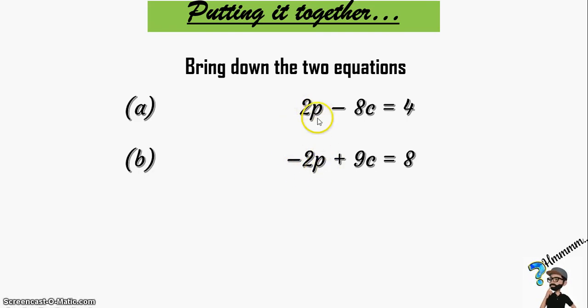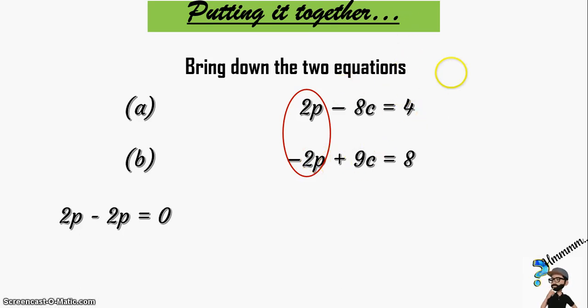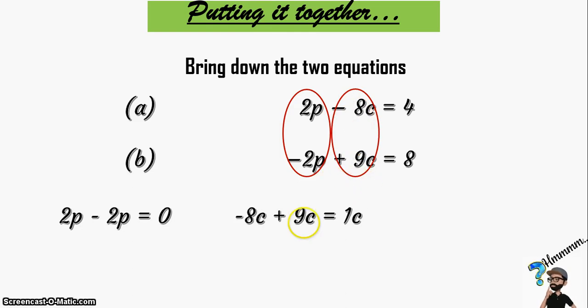So 2P minus 2P would give us 0. Now look at the other part of it which has to do with C. Minus 8C plus 9C is the same as 9C minus 8C, and that would give us 1C, or simply C. So let's just write it as 1C, which is the same as C. Now look at this part, 4 and 8. 4 plus 8.